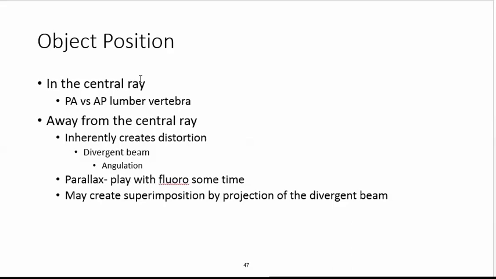So anything away from the central ray is inherently going to create more distortion because of the divergence of the central ray, and it's a lot like angulation. So parallax effect is what we're really looking at there, and it may create superimposition by projection of the divergent central ray. If you have ever done a myelogram with a radiologist or a physician's assistant, they want to see the pointed end of the needle right in the middle of the radiation field.